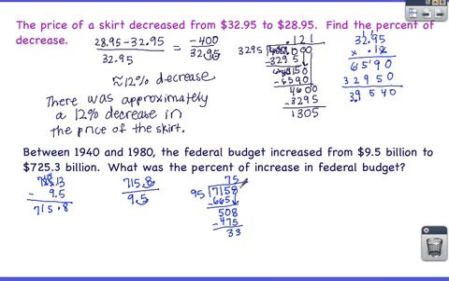you get 33. Add a decimal, bring down the 0. 95 goes into 330 3 times, which gives 285. And there are 45 left over. Bring down the 0. 95 goes into 450 4 times.